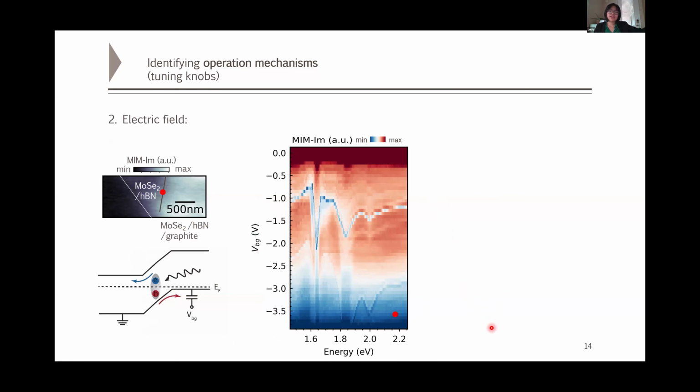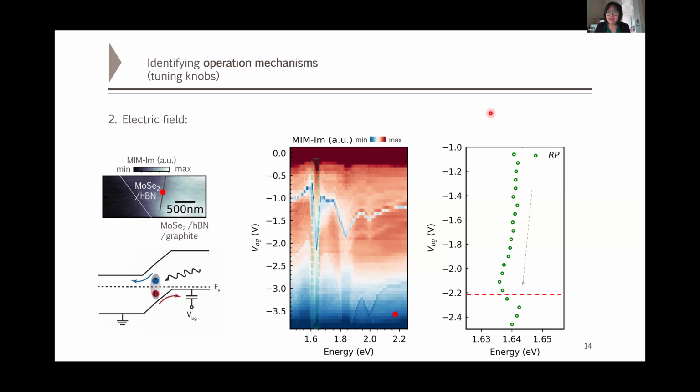Similarly, electric field can also change the exciton binding energy by the so-called Stark effect. There is an E squared type of dependence of the exciton energy, so we call it the Stark shift.